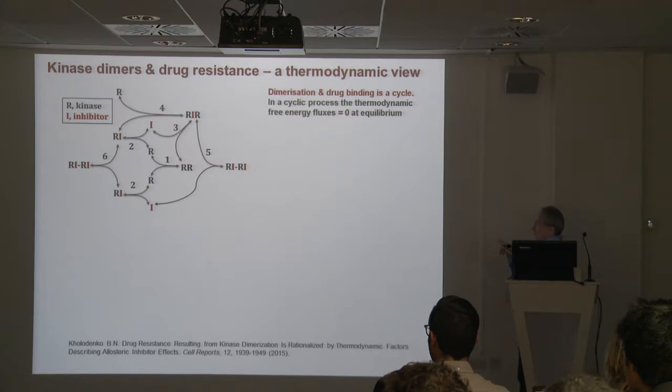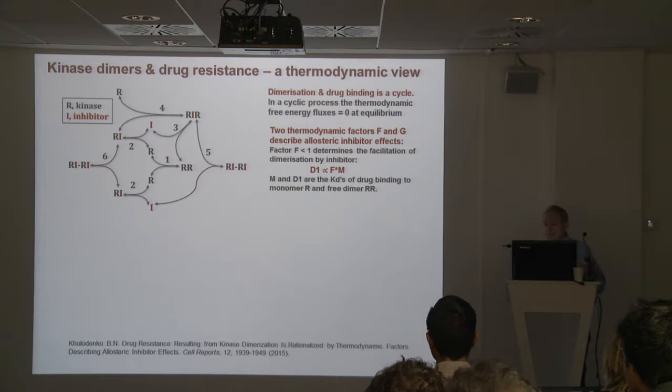You can get it by reactions 1 and 3, or you can get it by reactions 2 and 4, meaning that there is a cycle. And in cyclic processes, the free energy change is 0, as we know from thermodynamics, and therefore the behavior of this scheme is described by thermodynamic factors.